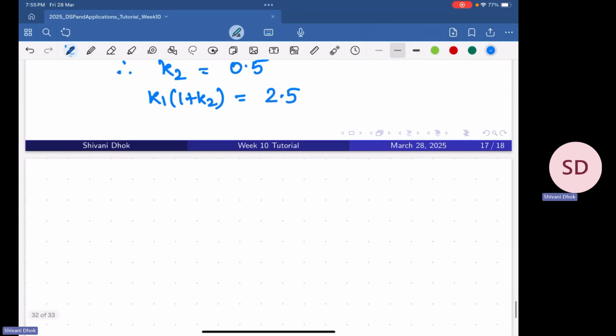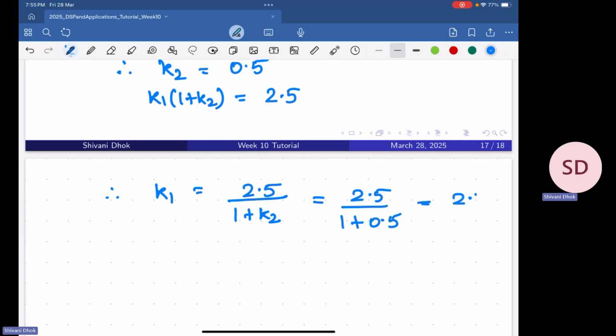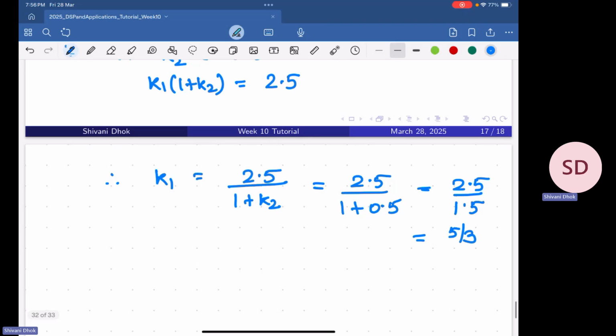So therefore my k1 is equal to 2.5 divided by (1 plus k2), which is equal to 2.5 divided by (1 plus 0.5), which is equal to 2.5 divided by 1.5. If I simplify, this comes out to be equal to 5 by 3.